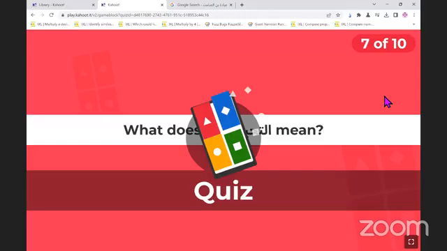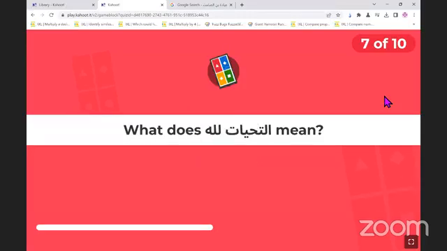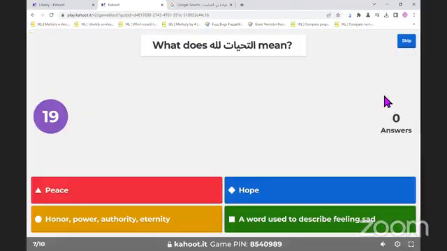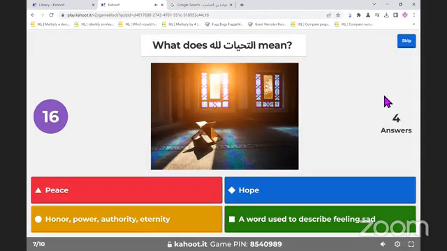What does at-tahiyyat mean? At-tahiyyatu lillah. What does at-tahiyyatu lillah mean? Peace, honor, power, authority, eternity. Eternity means to live forever. Hope, a word used to describe a feeling sad.